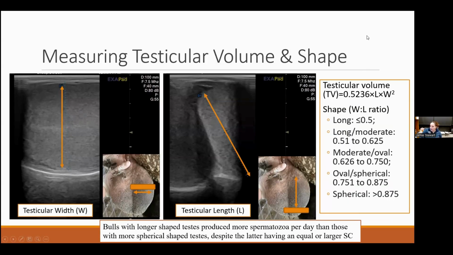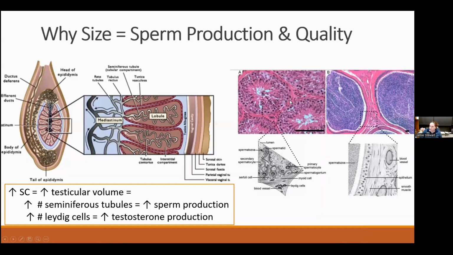Where this becomes important, especially with shape, is that bulls that have longer shaped testes produce more sperm per day than those with more spherical shaped testes, even if their scrotal circumference was larger or equal. So just showing how sometimes looking at shape can matter too, rather than just the scrotal circumference.